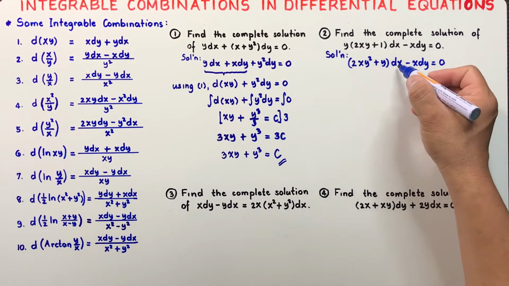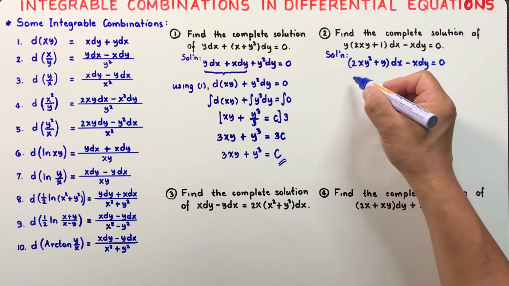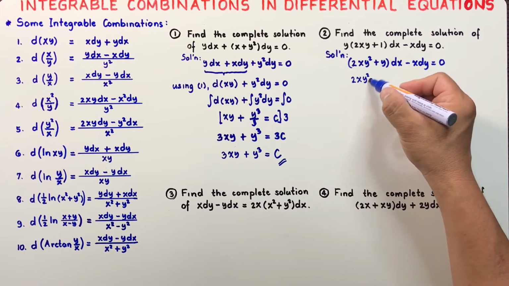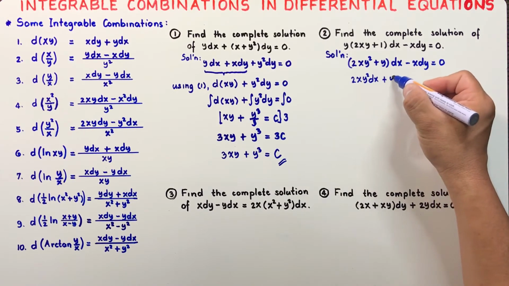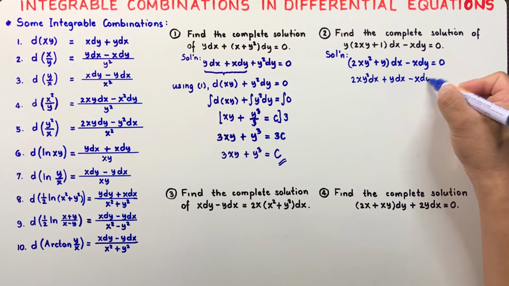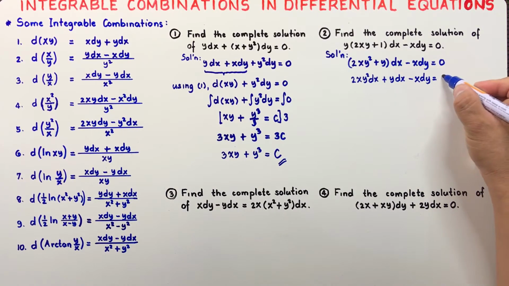And distributing this dx to this binomial here, we have 2x y squared dx plus y dx minus x dy, which is equal to 0.